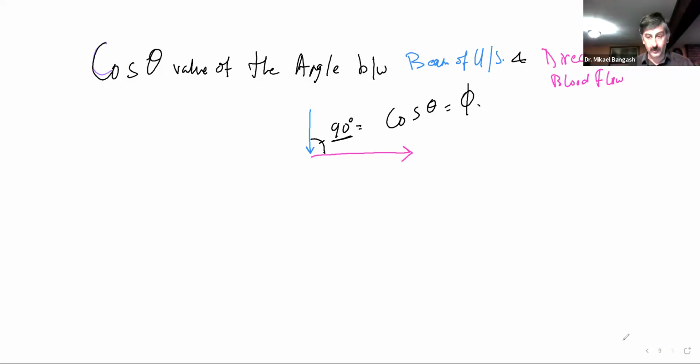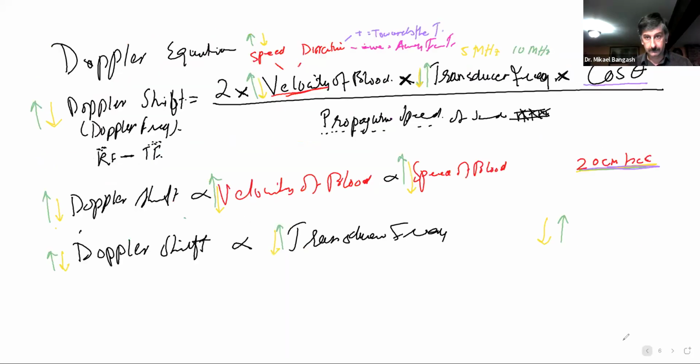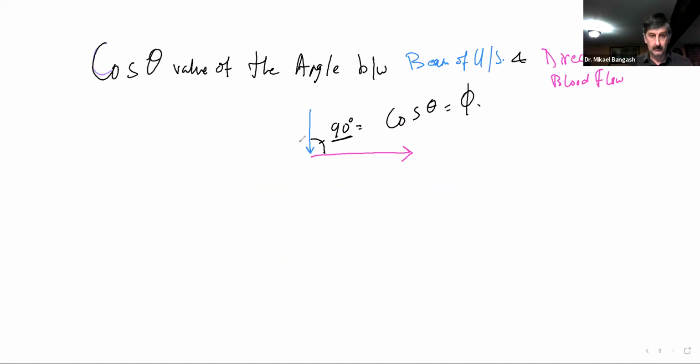Now, if we just look at that, if that was the case, here you will enter 0. And that's why I said you can still get a 0 Doppler shift, even though the blood is flowing at a certain speed.